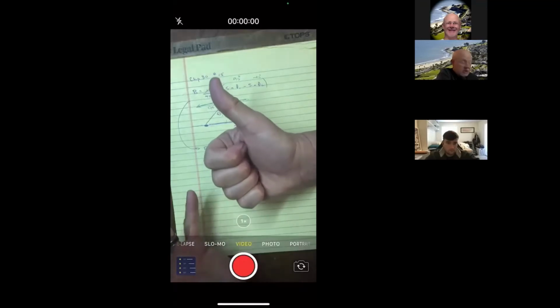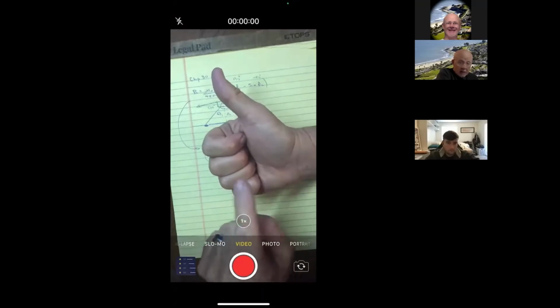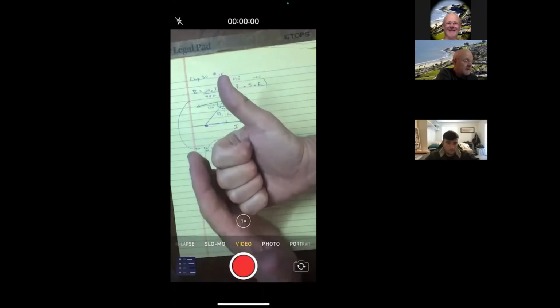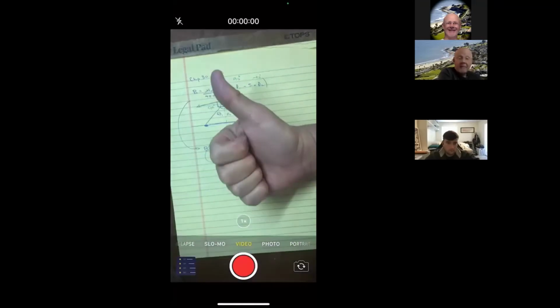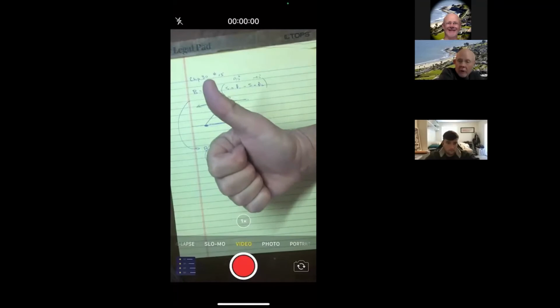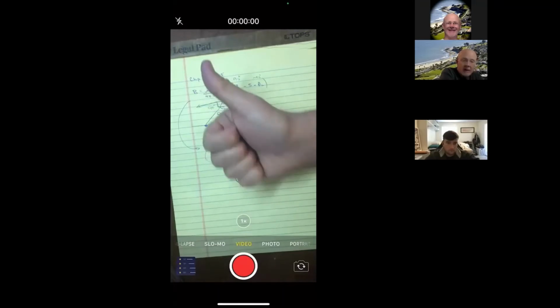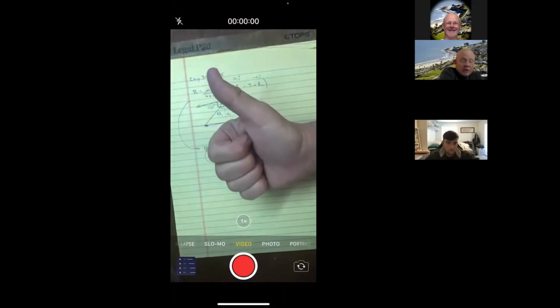It also works for currents that are in circles or arcs, where you use your fingers for the current, and then your thumb gives you the field. So I think maybe that's one of the challenges of the right-hand rule, that students say, well, what am I supposed to use for the current? Is it my thumb or my fingers? Well, it's both. It depends on what shape of object you're looking at.